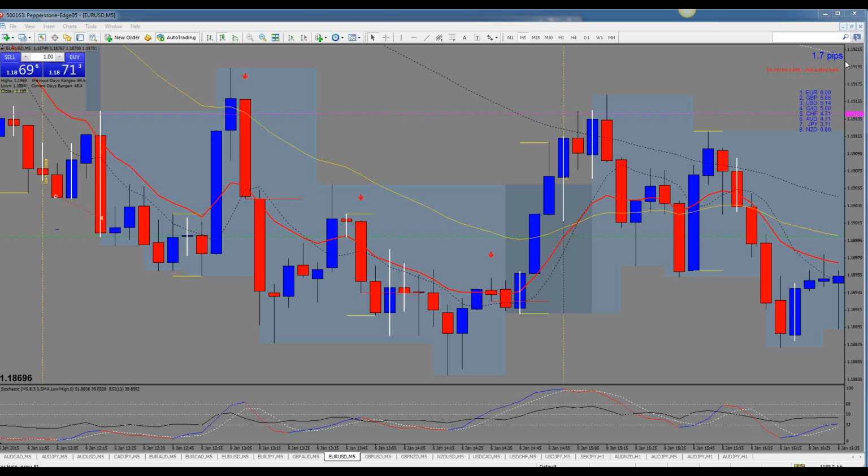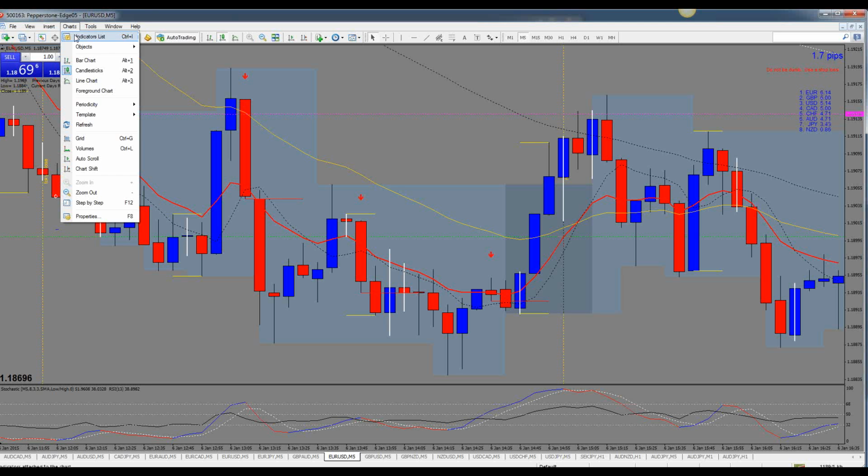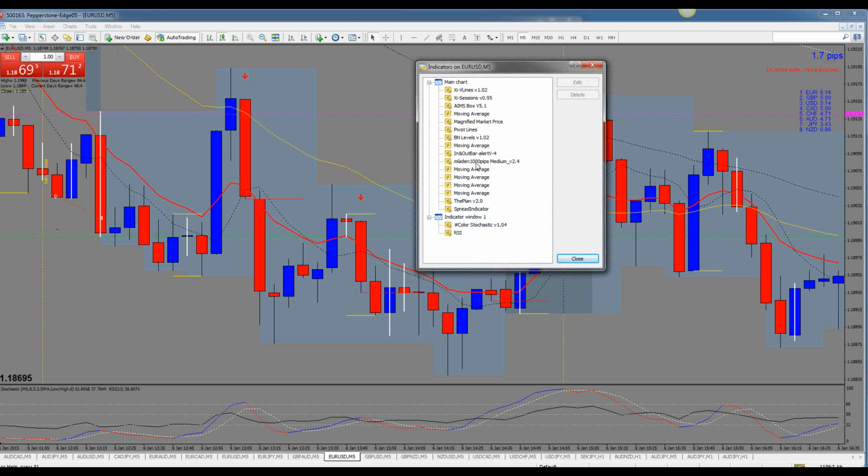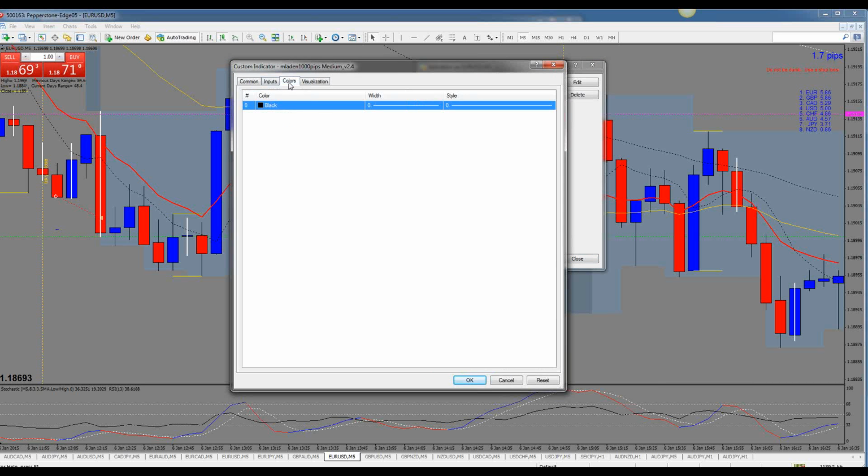What is that called? That is the MLaden 1000 pips medium is what that is. And you can change the colors and make them all fancy and do whatever it is you want to do.